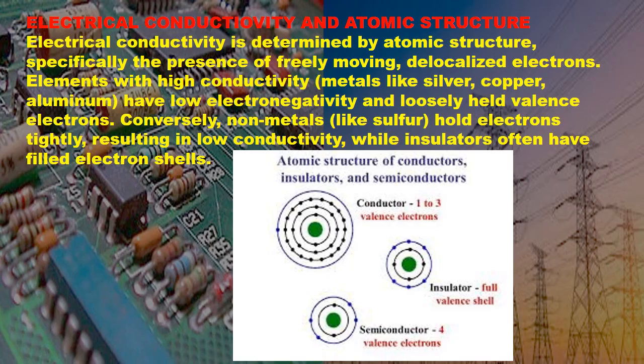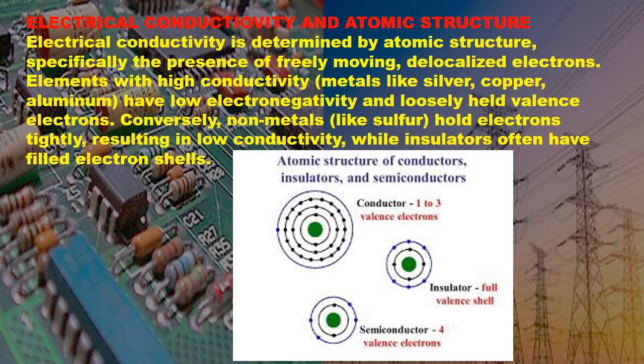Conversely, non-metals like sulfur hold electrons tightly, resulting in low conductivity, while insulators often have filled electron shells. So the electronic configuration of insulators is fixed, while for conductors we have a lot of free electrons, and for semiconductors it's in between. So let's look at how the atomic structure and electronic configuration of atoms affect their conductivity.